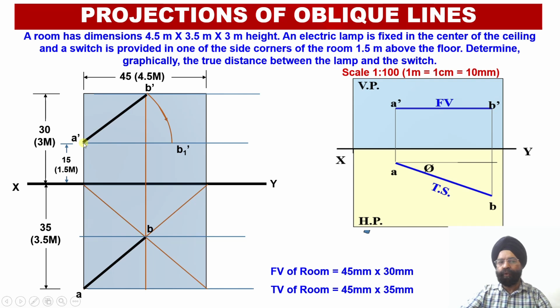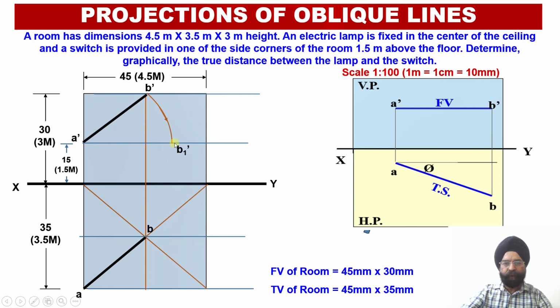So through this rotation we have been able to rotate this apparent length projection parallel to the horizontal plane. And the moment we have obtained this, through this point B1 dash we have to draw a vertical projector onto the locus line of the point B, and through this point B we will be able to obtain the true length of this line in the top view.